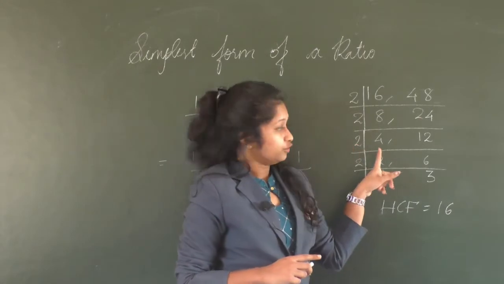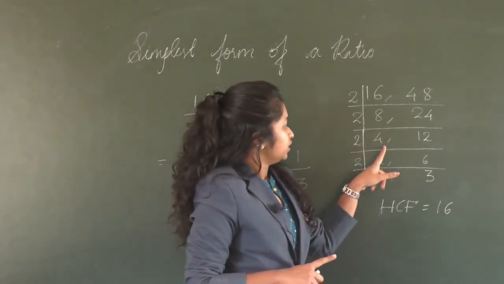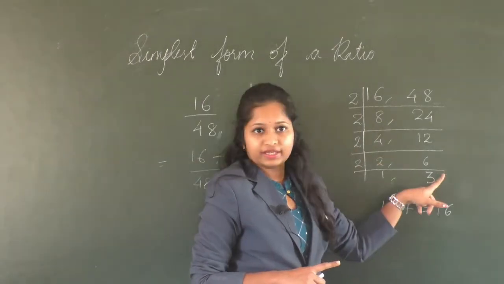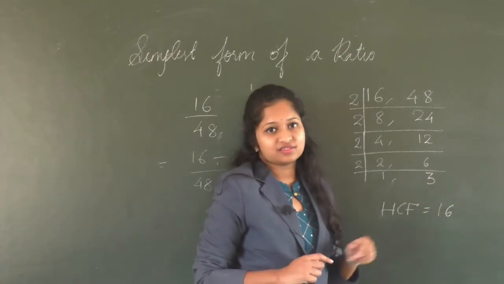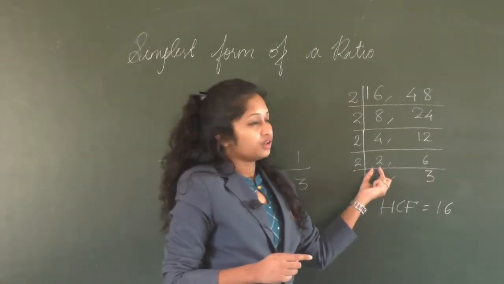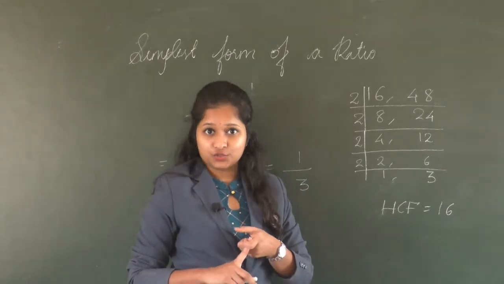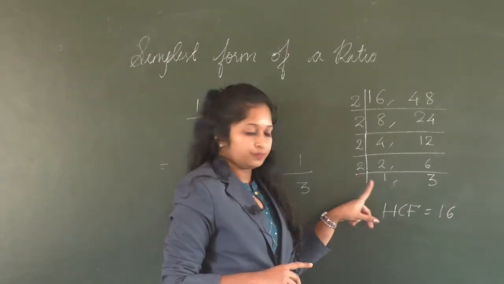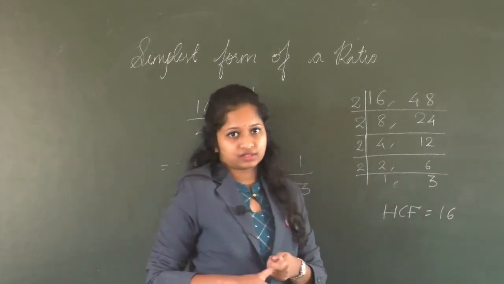Next, 4 and 12 both are divisible by 2. Now 2 into 2 is 4 and 6 into 2 is 12, so I have written 2 and 6 here. Next, again 2 and 6 both are divisible by 2, so write 2 here, 1 into 2 is 2 and 3 into 2 is 6.